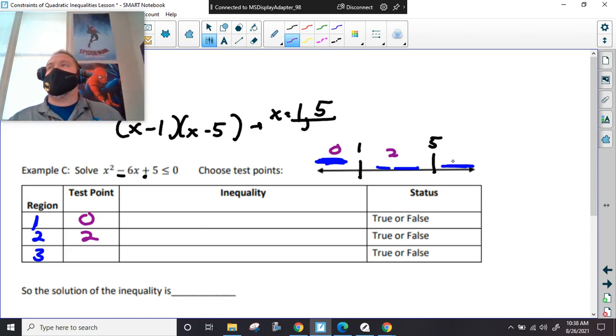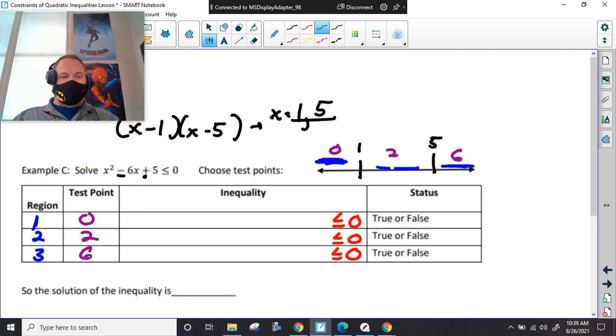What is a number bigger than 5? 6. All right. So I am testing 0, 2, and 6 in this expression to see if I get a true or false statement.